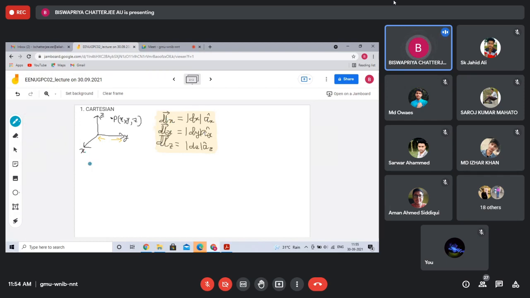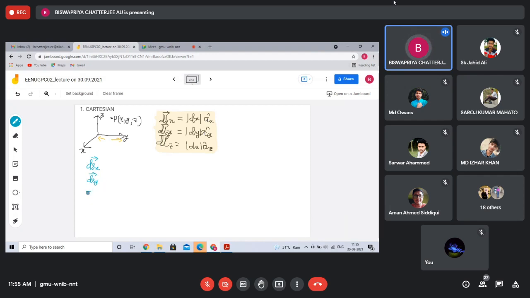What is dsx? What is the meaning of dsx? Differential surface element where x is constant. Similarly, we will have dsy: differential surface element where y is constant.